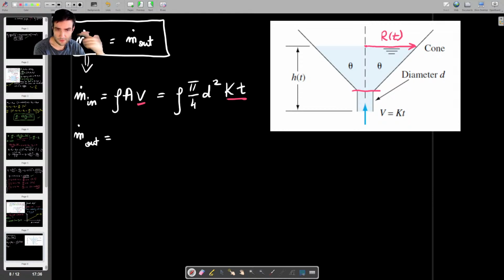So whether you measure h from here or from here, it doesn't really change anything, because what I want to know is what happens within the conical shape itself as the water goes up, right?